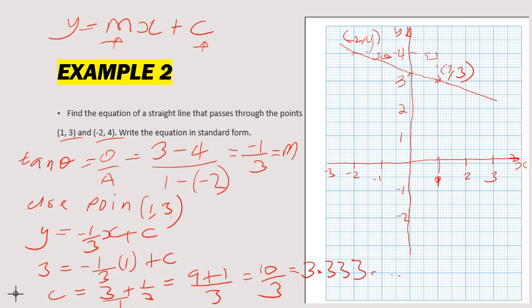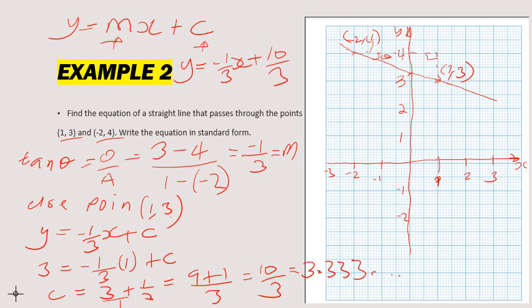Let me repeat it all. Our equation can be written as y equals mx plus c. We found m as minus 1 over 3, so y equals minus 1 over 3 x plus 3.33, or we can leave it as plus 10 over 3.